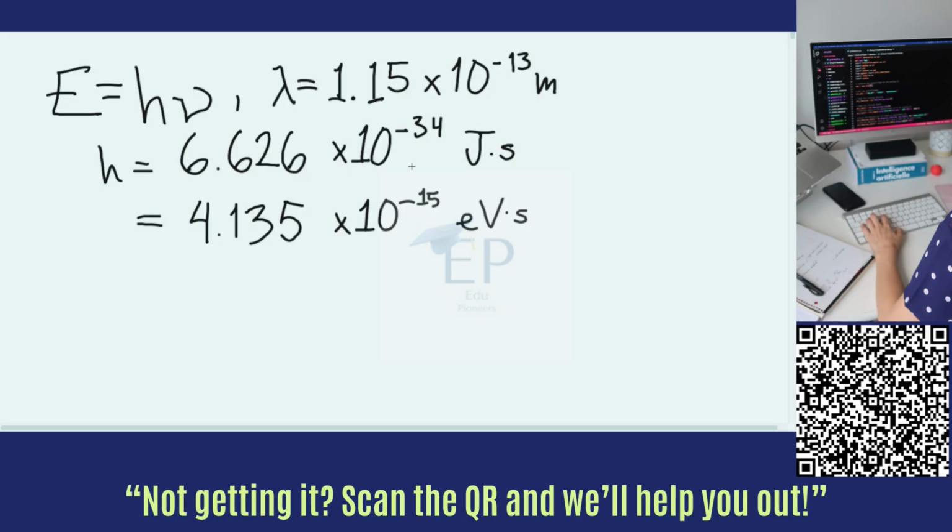I've looked it up in terms of joule seconds, and you can also find it in terms of electron volt seconds, which I've written here.